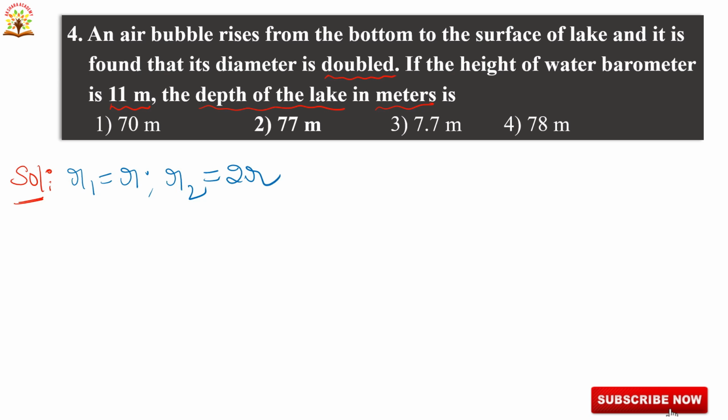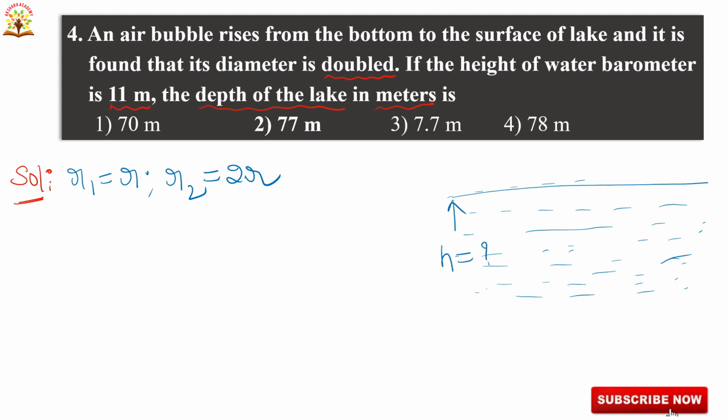Suppose, for example, this is the lake and the dotted line represents the water. Here we have to calculate the depth of the lake, that is h, the height of this water.